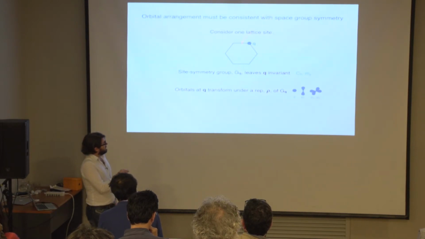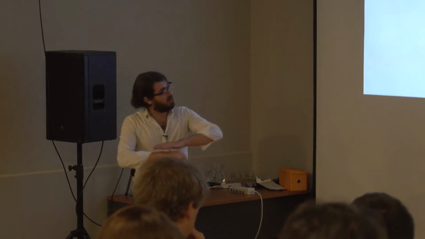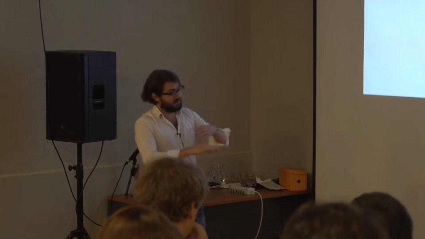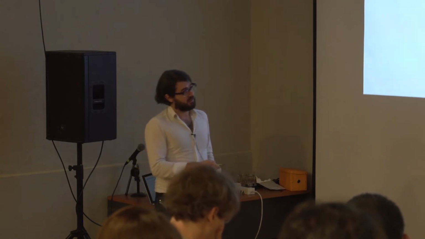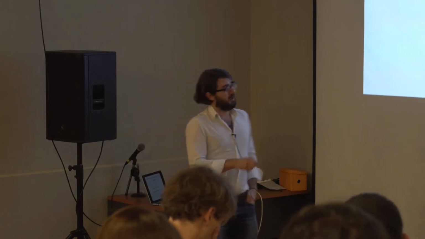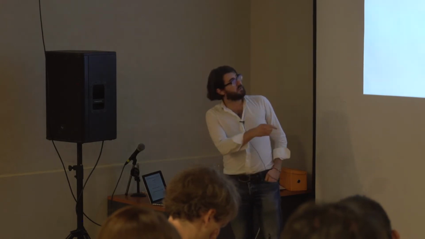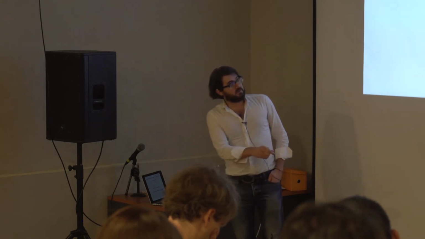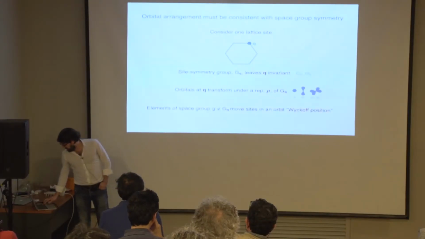If I'm on this lattice, then pz is the same representation as the s orbital, because they would only differ by a mirror plane, but since this is just 2D, the pz orbital is the same representation as the s orbital, and the px, py orbitals actually form a two-dimensional representation under this group, under C3V. So you can see that immediately the full rotation symmetry is broken by this C3V.